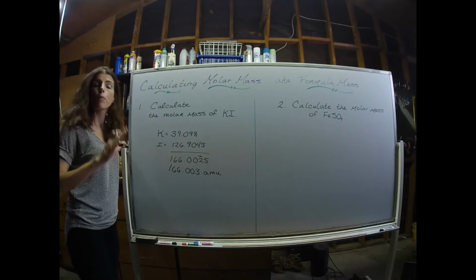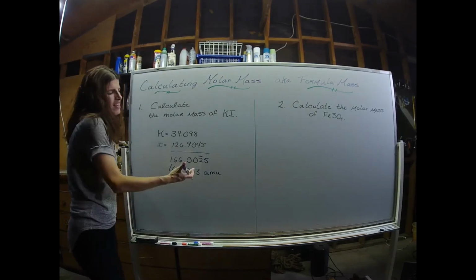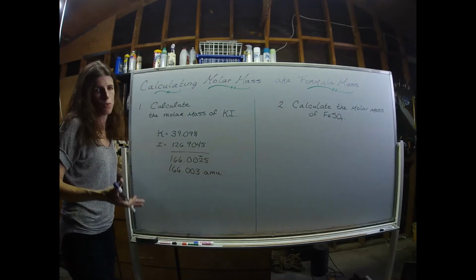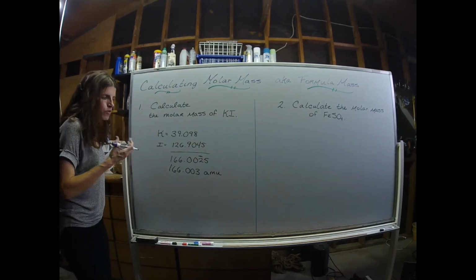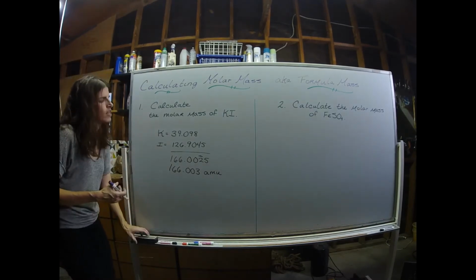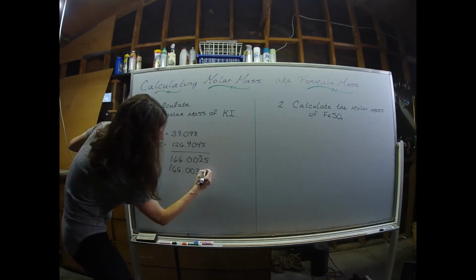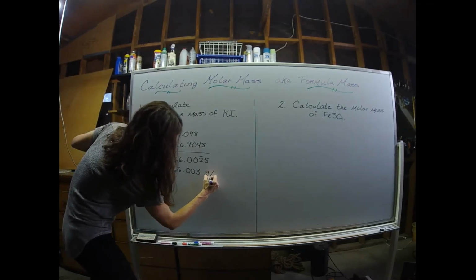But for the problems that we're about to do during this week of material, the AMU is not super helpful. So the conversion factor comes in because we're going to start using a new set of units. We're going to say that this is grams per mole.